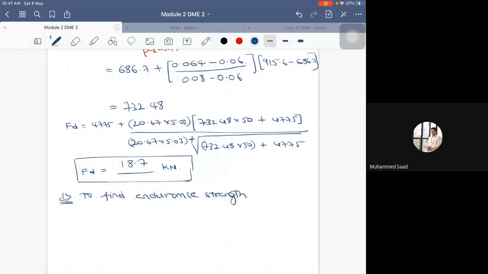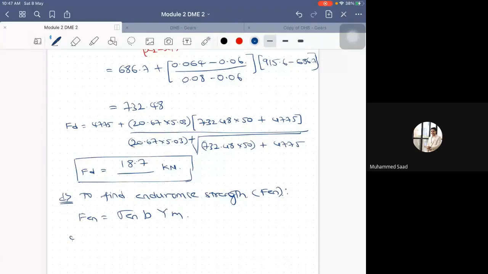That is FEN. So calculate this particular value. FEN is equal to sigma EN B capital Y and M.